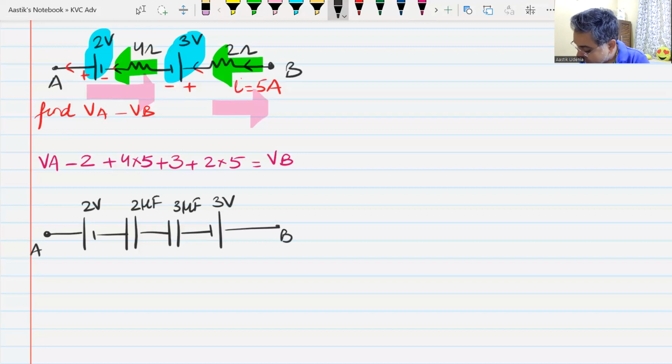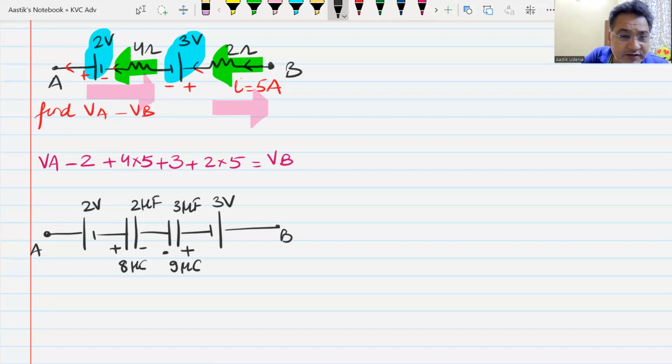The positive and negative terminals are marked as shown. The charge on this one is 8 microcoulomb and the charge on this one is 9 microcoulomb. You have to find out VA minus VB. Can you do this? Yes, sir. 2 minutes to give me the answer.